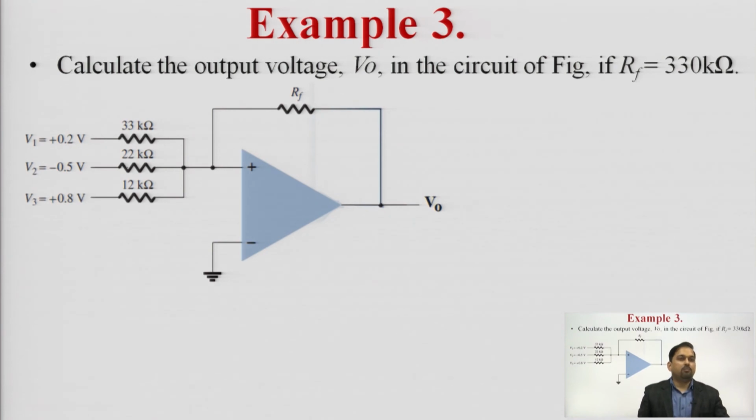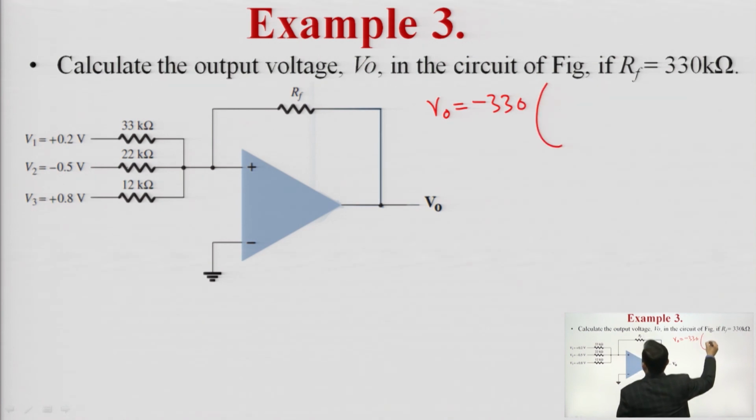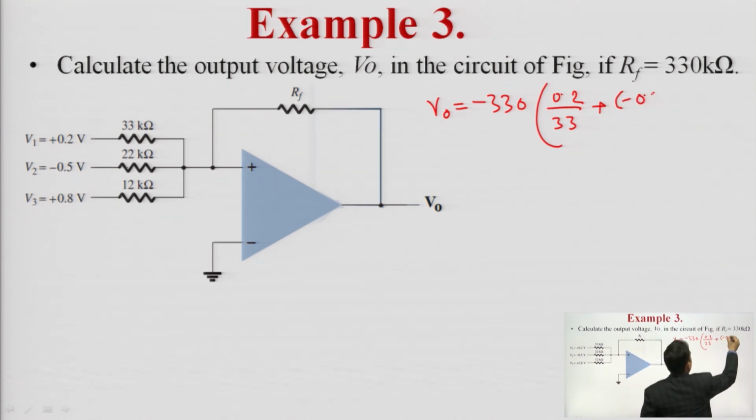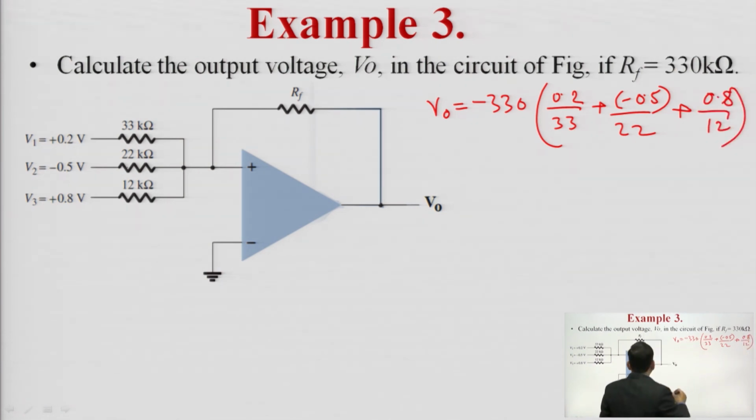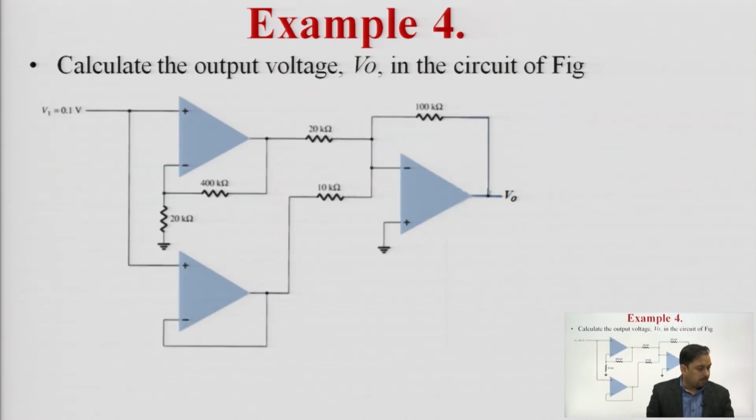After this, we have the summing amplifier. Again we have seen the result will be V0 equals minus RF, where RF is given as 330, times 0.2 by 33 plus 0.5 by 22 plus 0.8 by 12. So we can calculate the output voltage. This is the summing amplifier. Next we have the circuit.